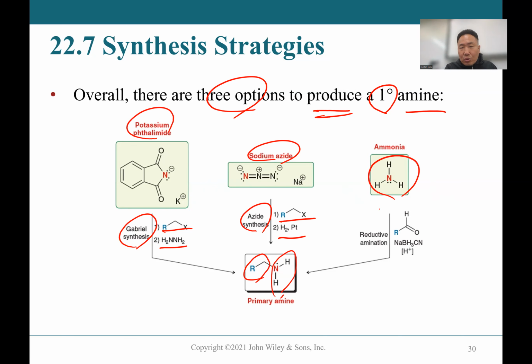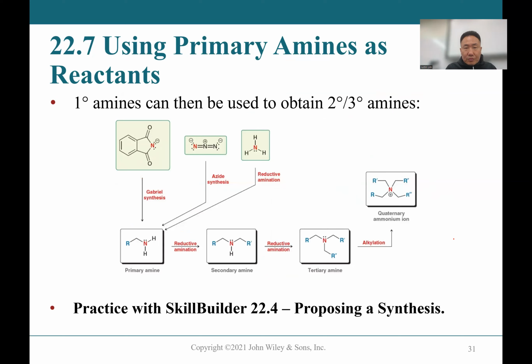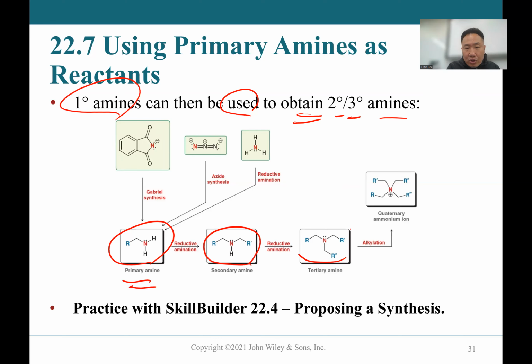And then you can also use ammonia and sodium cyanoborohydride. So primary amines can be used to obtain secondary and tertiary amines. After getting the primary amine, you can generate secondary and tertiary amines by reductive amination. Also, you can do alkylation to get a quaternary ammonium ion.